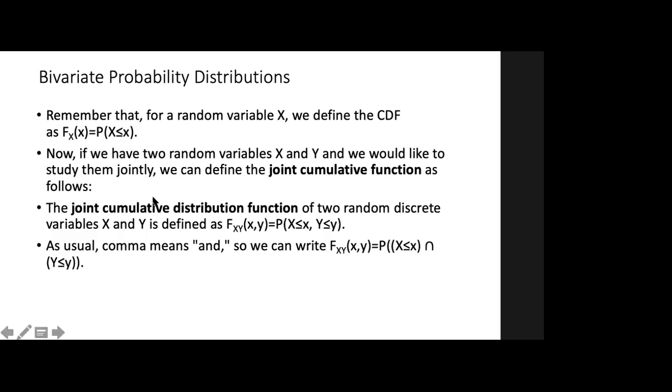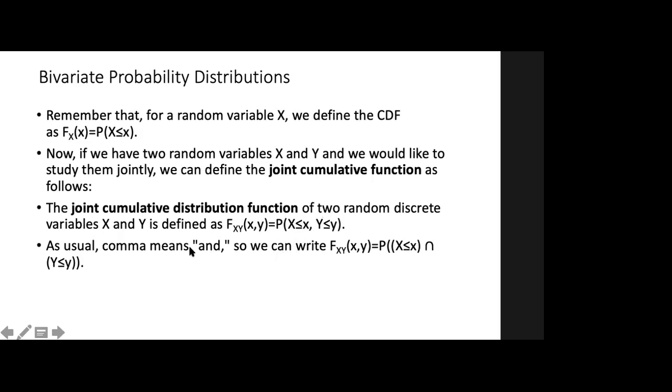And now that we have two random variables, we would like to study them jointly. So we can define a joint cumulative distribution function, in the very same way as we defined the joint probability mass function. We now ask: what is the probability for x being smaller or equal to a certain value, and y being smaller or equal to a certain value?